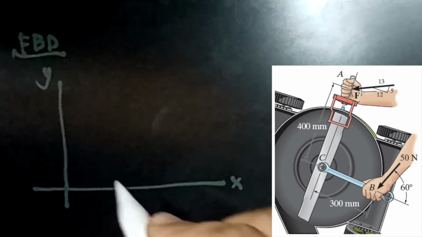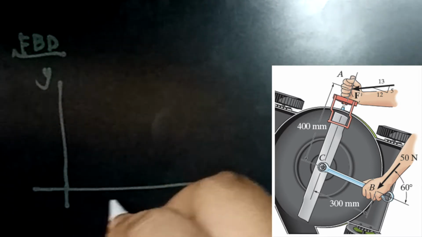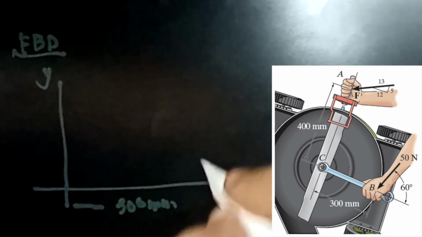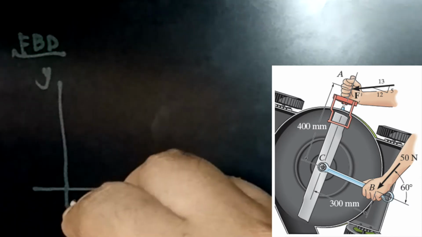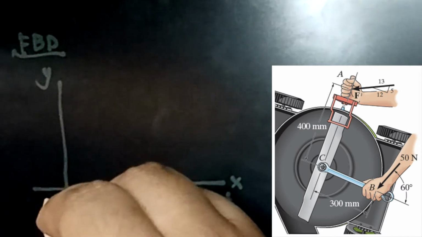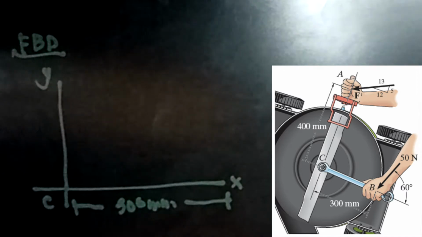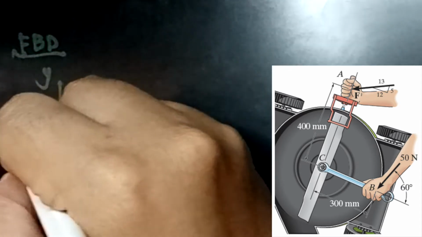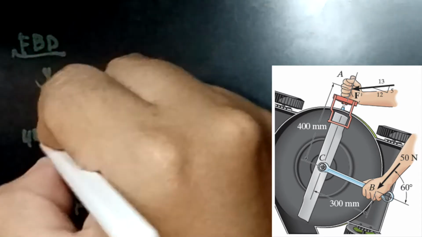So, ang measurement daw ng ating x-axis is 300 mm. Ito yung C. And yung measurement daw ng y-axis natin is 400 mm.